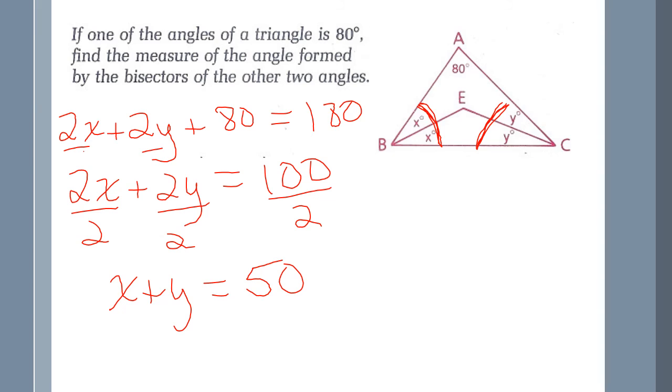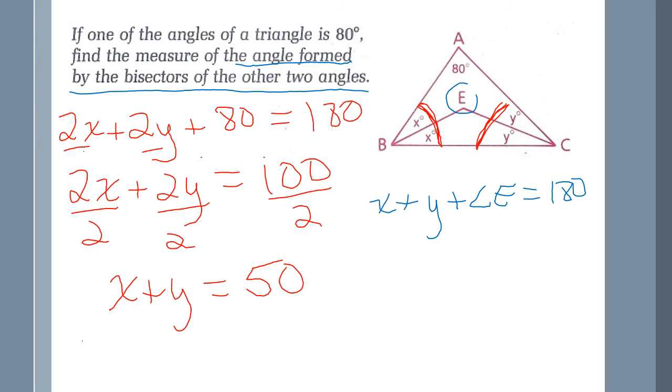Now, I'm going to work on the second triangle, and I'm going to say that x plus y plus angle E equals 180. And they're asking me to find the angle formed by the bisectors of the two angles, which would be angle E. Now, I know that x plus y is equal to 50. So 50 plus angle E equals 180.